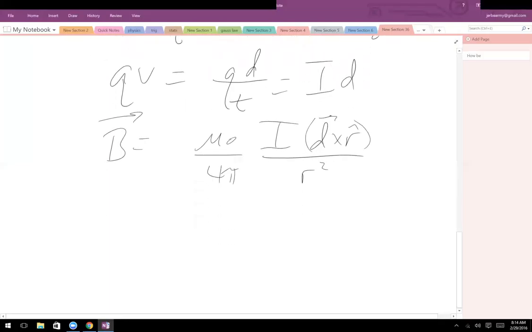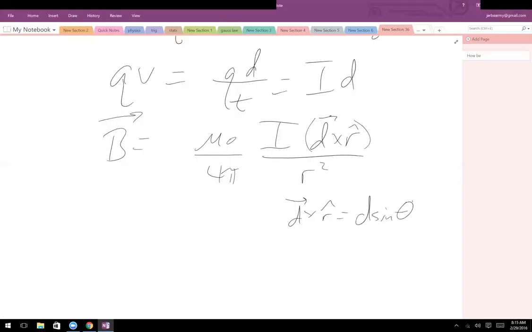And again, this cross product here, if you just want the magnitude, this is distance times R hat. So R is 1, so it's just D sine theta, where theta is the angle between the D, which is carrying your current, and the R, which is the direction to your charge or your point where you want to know the magnetic field.